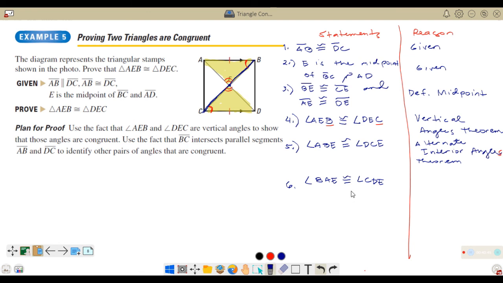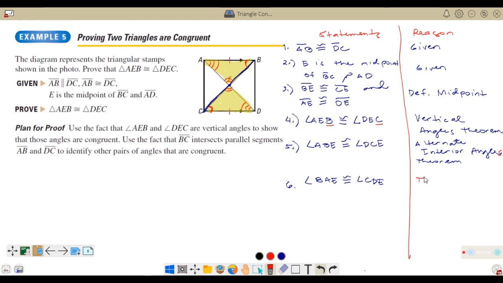What is our reason? You can also let AD be a segment intersecting the parallel lines AB and CD, and then use the alternate interior angles theorem. But instead, I prefer to use the new theorem that we studied. Here I'm very sure that it's a theorem.